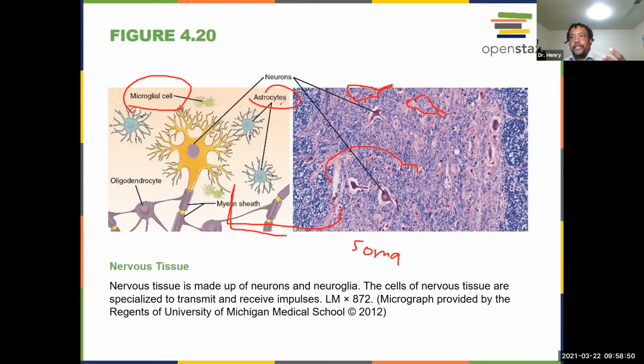They want to make sure that there's that contact, making sure that they're able to get those impulses that they're supposed to get. Okay. They're called astro because they look like stars, right? Astrology, stars. Okay.